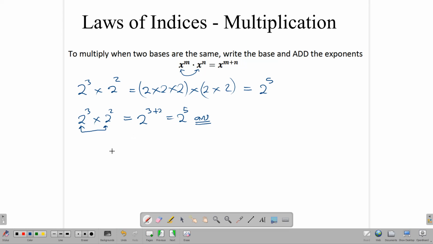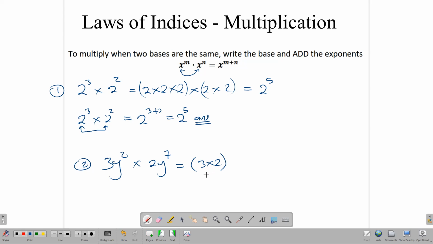If you are multiplying, for example, 3y squared times 2y to the 7th, for argument's sake, then notice now that we have coefficients, and when you're multiplying this thing out, you need to deal with your coefficients differently. So we're going to multiply 3 times 2.